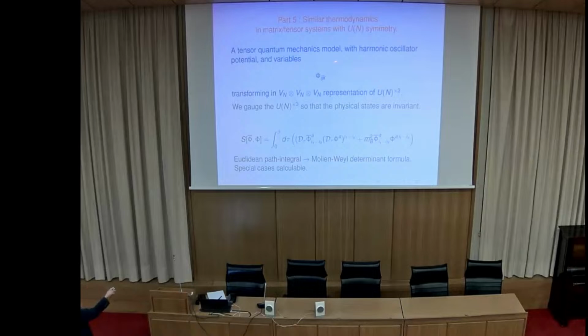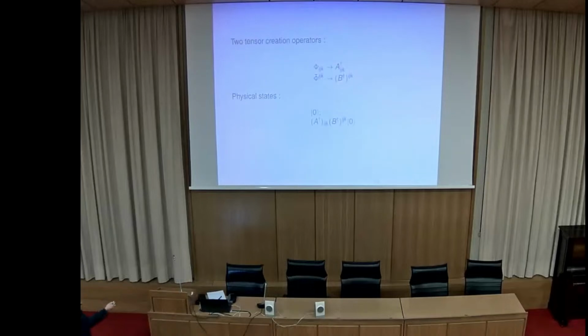So there are similar systems where these other behaviors happen. If you take a complex tensor forming in the tensor product of fundamental representations and its conjugate in the conjugate representation, that produces a counting of invariant quantum states where, again, you have oscillators with these holomorphic or fundamental indices and anti-fundamental indices, and invariant things look like that, the first with the first, second with the second, third with the third.